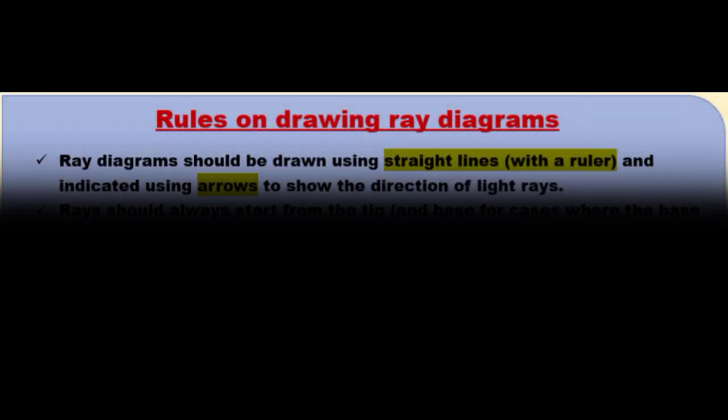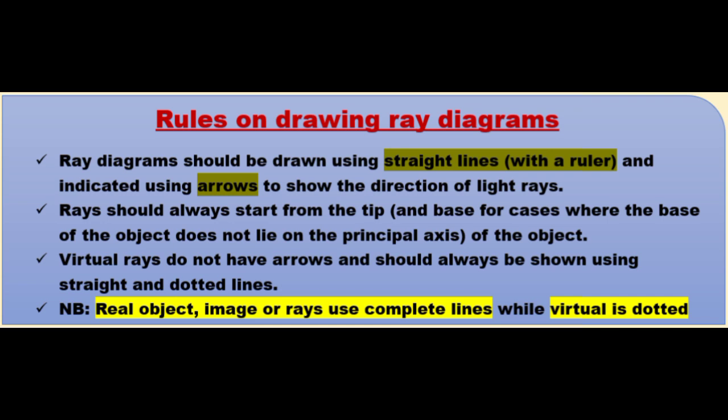Rules on drawing ray diagrams. Let's look now at the ray diagrams. Ray diagrams should be drawn using straight lines with a ruler and indicated using arrows to show the direction of light rays. Remember, ray diagrams appear when you're drawing in reflection and linear propagation and reflection in plane surfaces in Form 1.